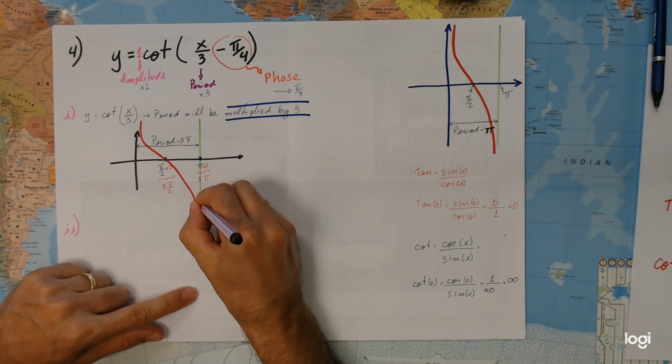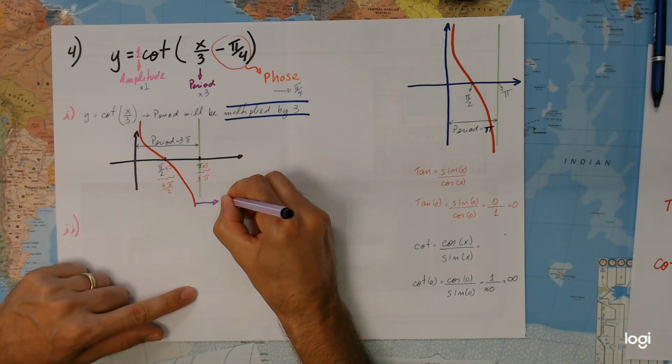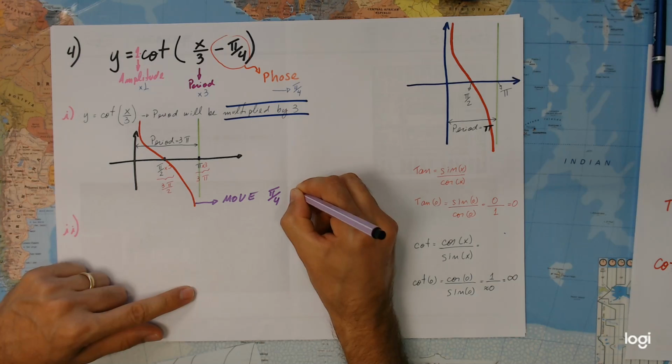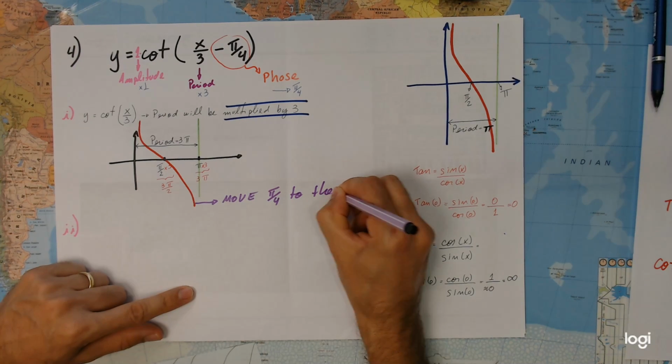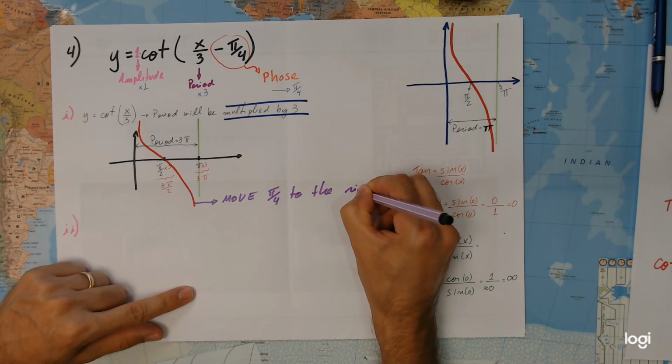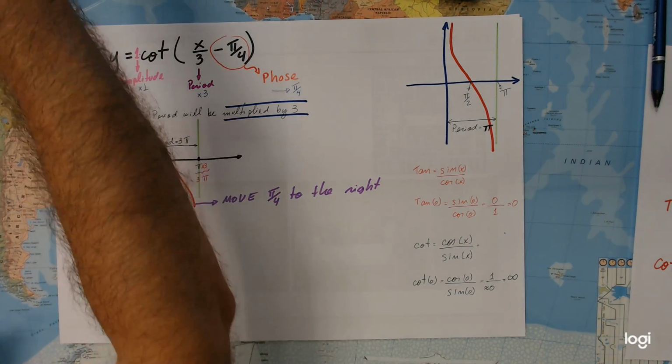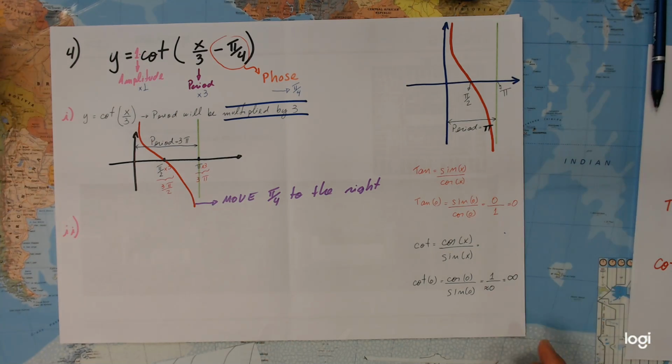So this is going to be moved pi over 4 to the right. Okay, and that's what we are going to do. We are just going to make our final charting.